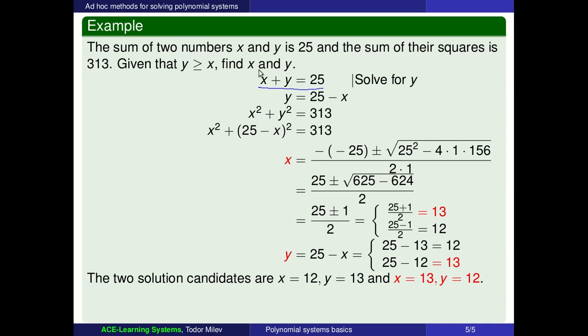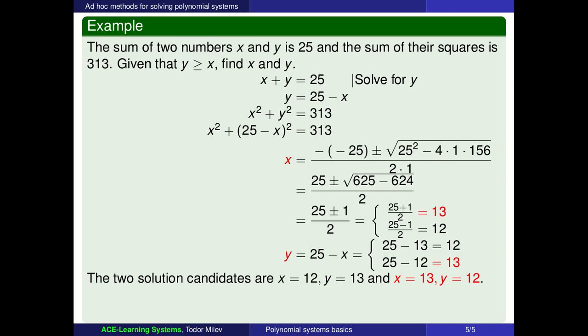If you swap the values of x and y, you still satisfy that equation. The second equation has the same property. If you swap the value of x with the value of y, you still get the same quantity for x squared plus y squared. So we knew that our solutions must be symmetric. So if 13, 12 is a solution, then 12, 13 must be a solution to our system as well.